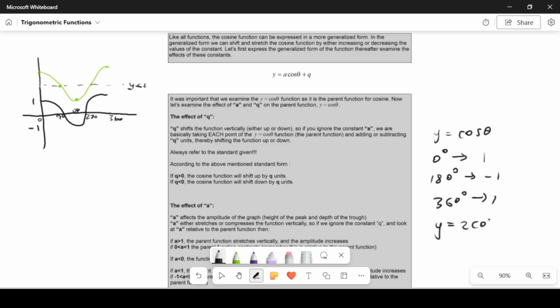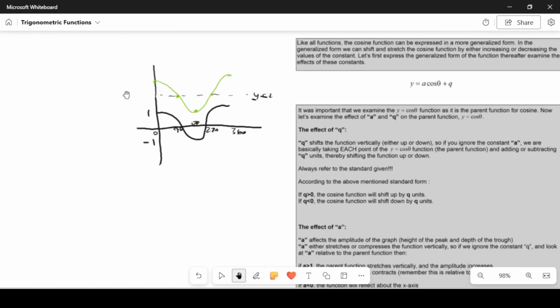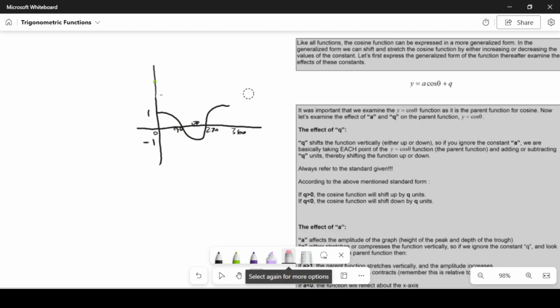Now, if I put 2 cos theta, and if I put in these same values, see what happens. At these values, cos of 0 is what? It is normally 1, but now we're going to multiply by 2, it becomes 2. Cos of 180 degrees is normally -1, but if you multiply by 2, it becomes -2. Cos of 360 is normally 1, but if you multiply by 2, it becomes 2. And so what's going to happen is we're going to take this parent function and we're going to affect the amplitude, right?